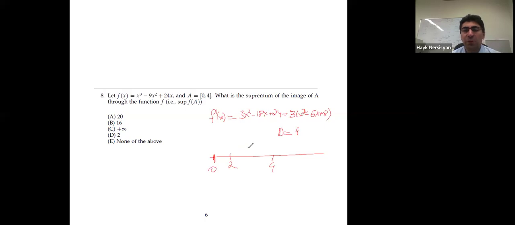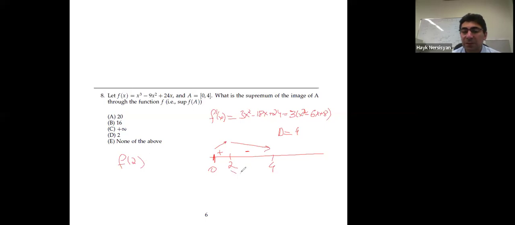On this interval, what do we have? The derivative here is positive, here is negative. Increasing, decreasing. Hence, immediately we can say the global maximum value is f at 2.